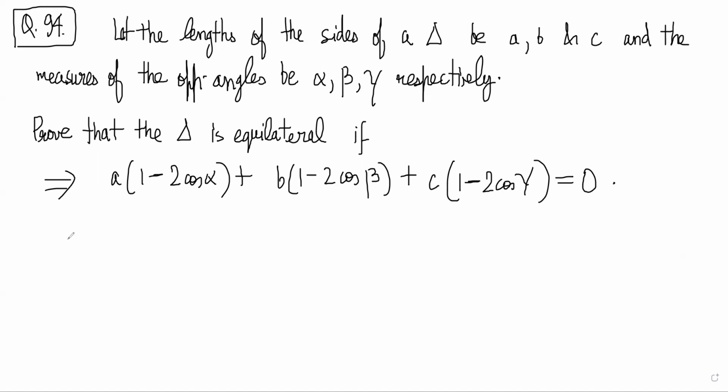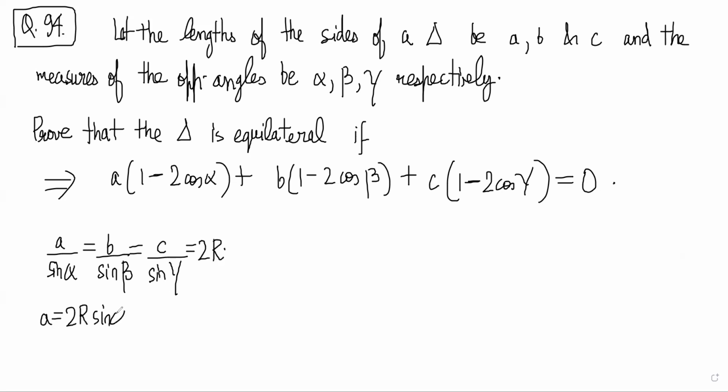So we can apply the sine rule and say A by sine alpha is equal to B by sine beta is equal to C by sine gamma is equal to 2 capital R. And from there we know that A is 2R sine alpha, B is 2R sine beta, and C is 2R sine gamma.